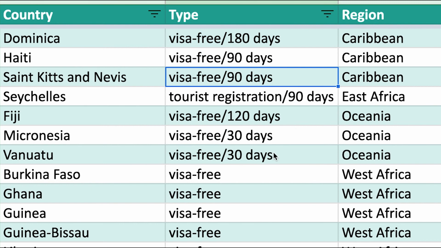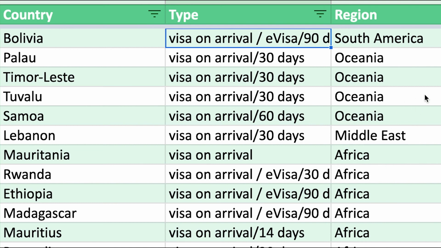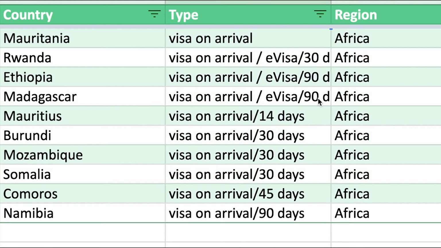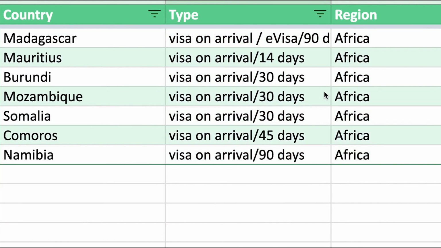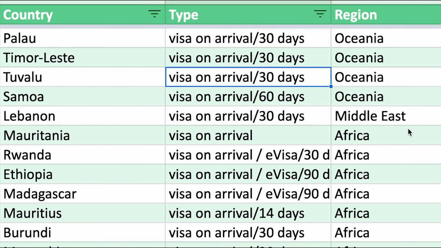But this information does change from time to time, for a Nigerian passport or any other country's passport. By the way, the information is on the Passport Index website, where you can find more updated information.